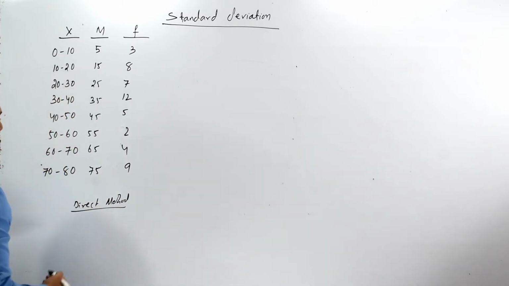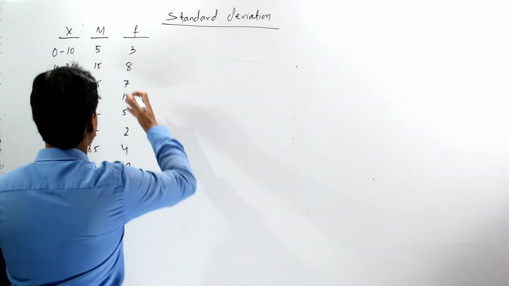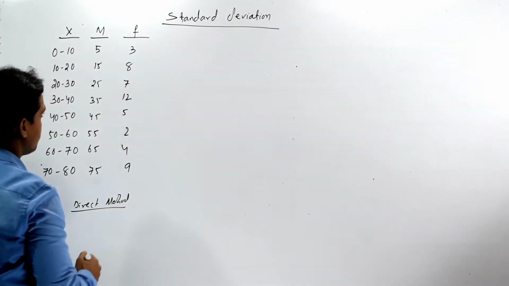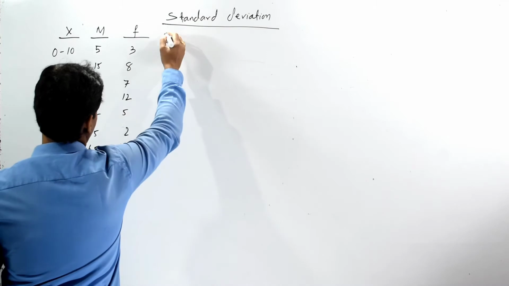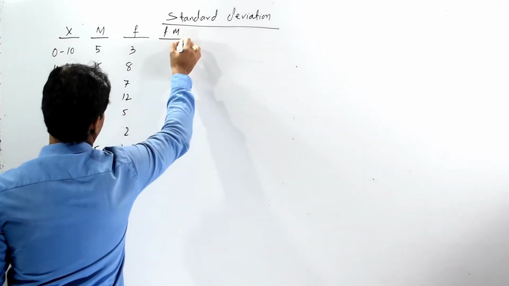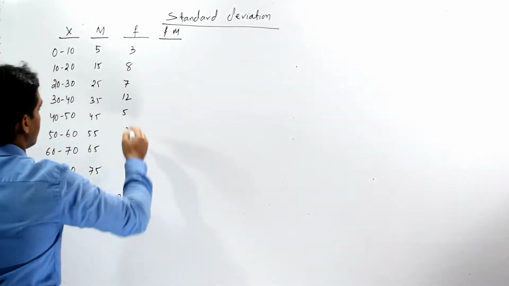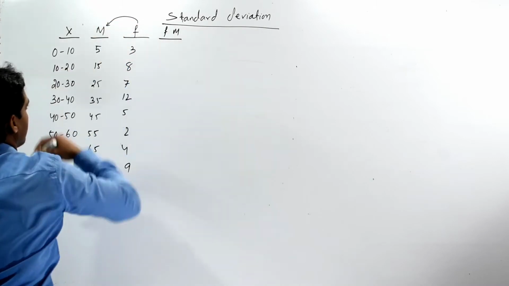So in order to find out standard deviation by using direct method, we should first of all find out fm, that is frequency into midpoint.